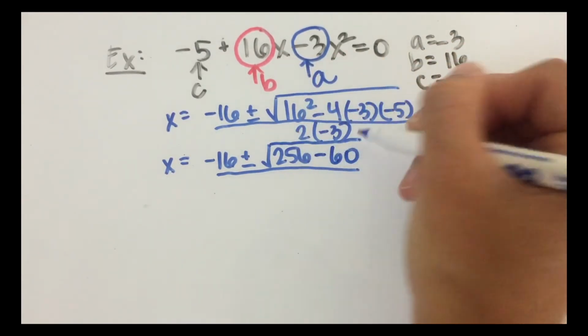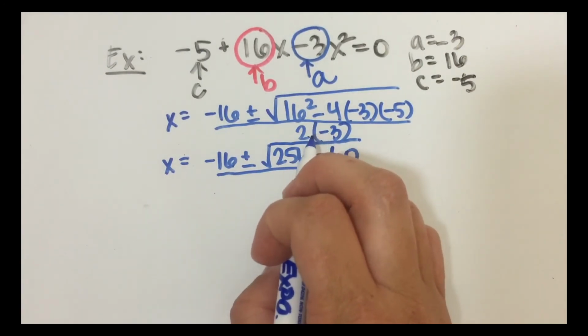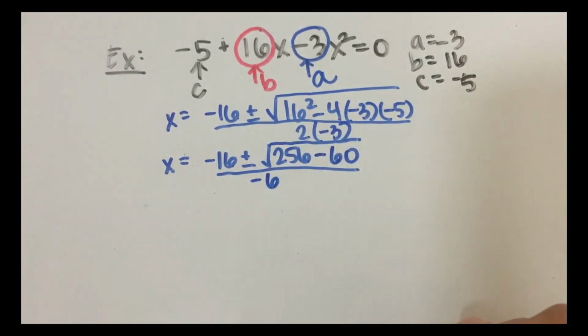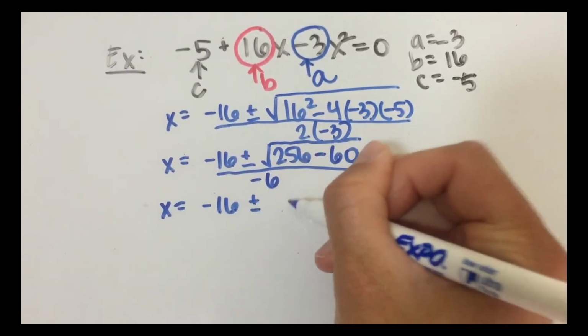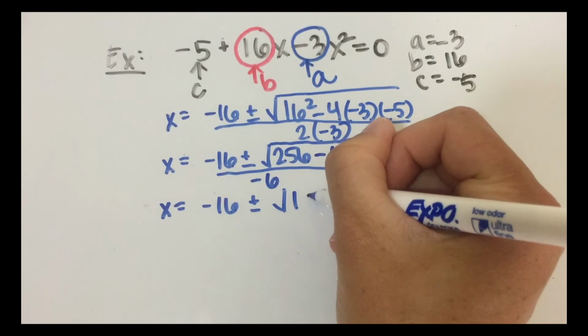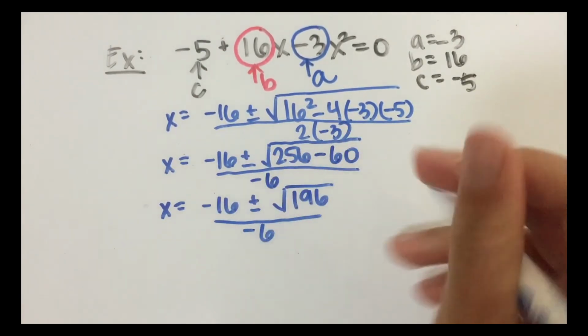So we'll get 256 minus 60 in the square root. And then on the denominator, I get 2 times negative 3, which will be negative 6. Simplifying what's inside of the square root, I get 256 minus 60, which is 196, and then divided by negative 6.